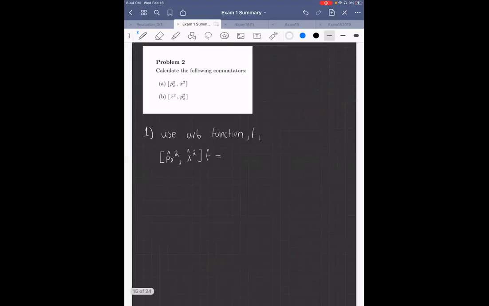So p squared of x squared f will be negative h bar squared, derivative operator squared, times x squared times the function. And this is subtracted by x squared times negative h bar squared, the derivative operator squared.